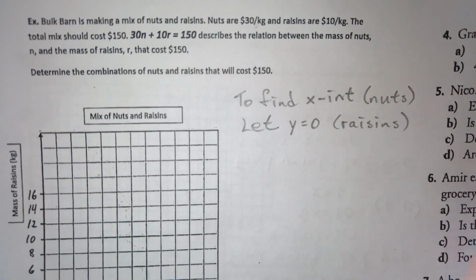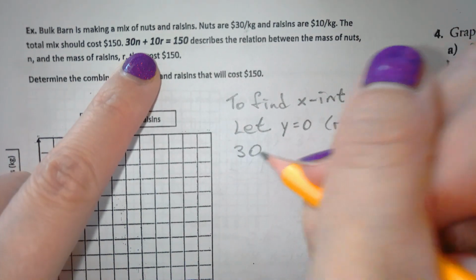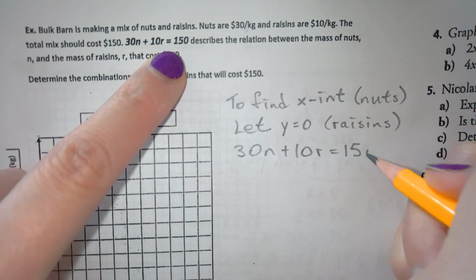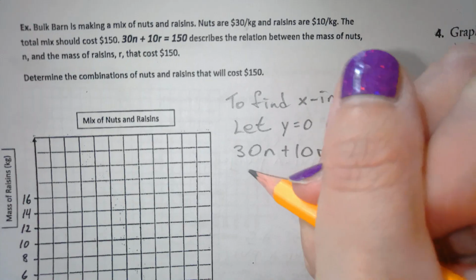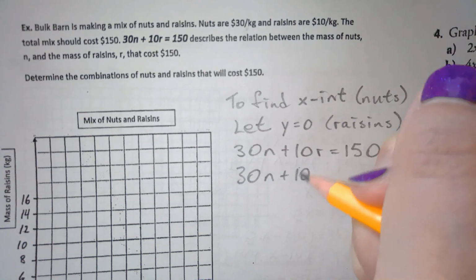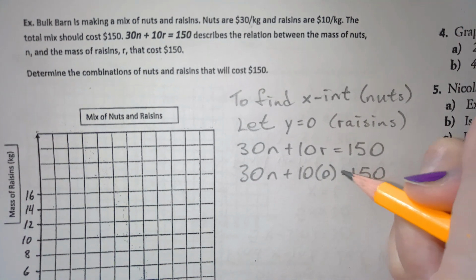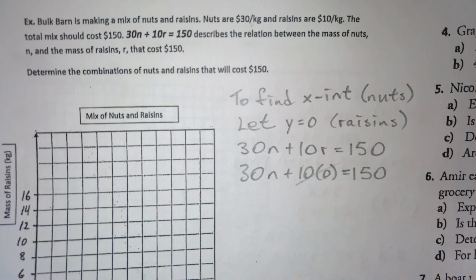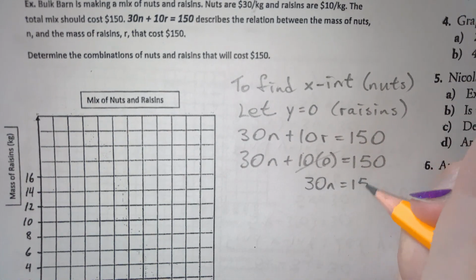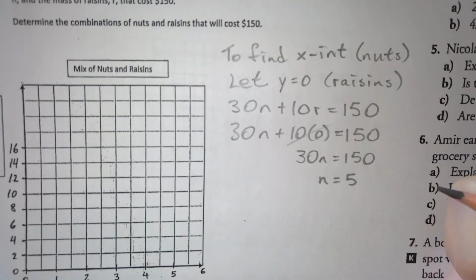So 30n plus 10r equals 150. I'm going to let r be 0. So 30n plus 10 times 0. And as we already said, anything times 0, that's gone.